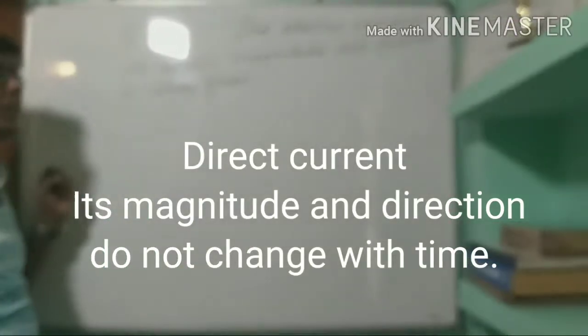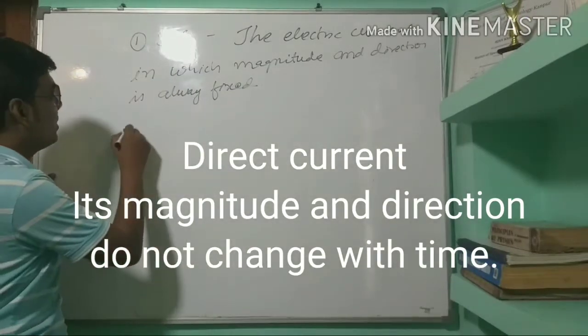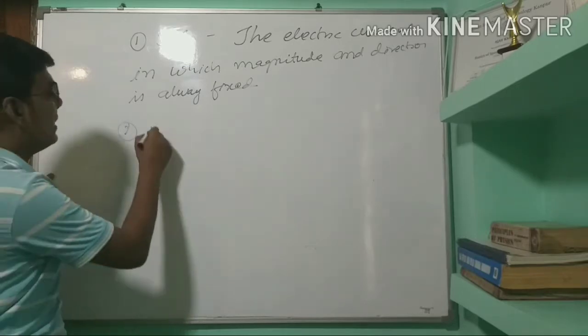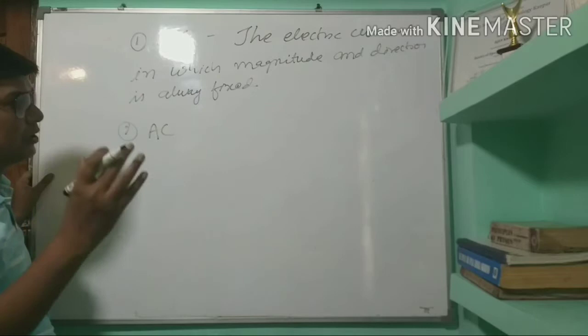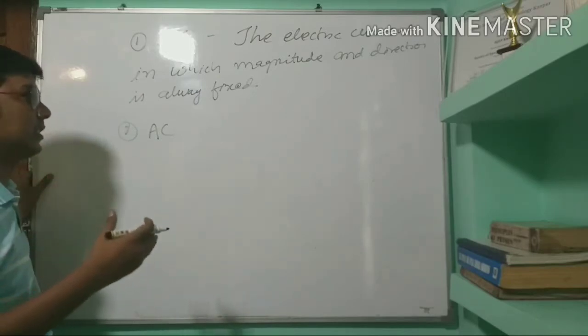So there are two types of current, that is direct current, and another one is alternating current, that is AC. In DC, the electric current is one in which the magnitude and the direction are always fixed.